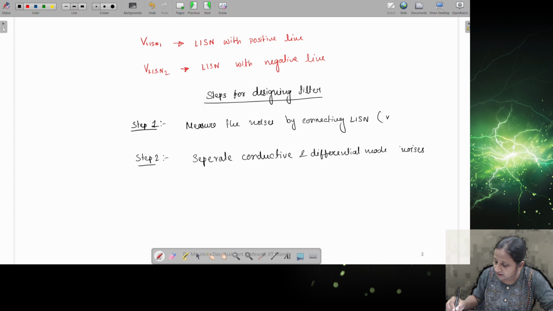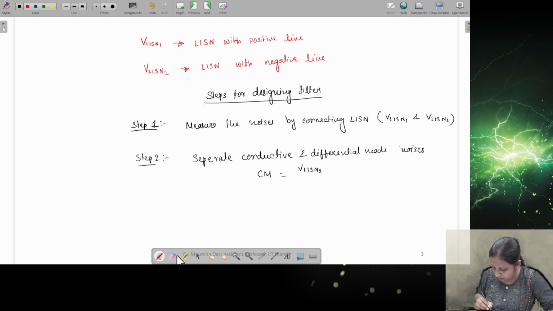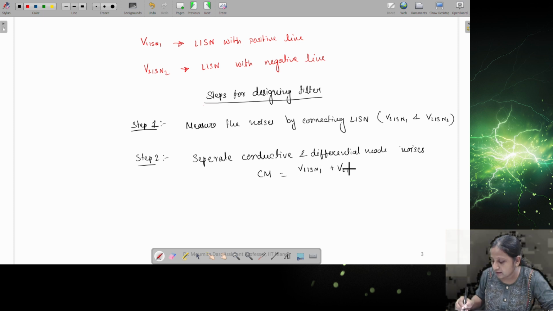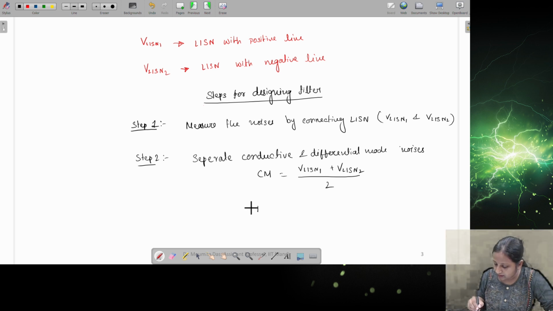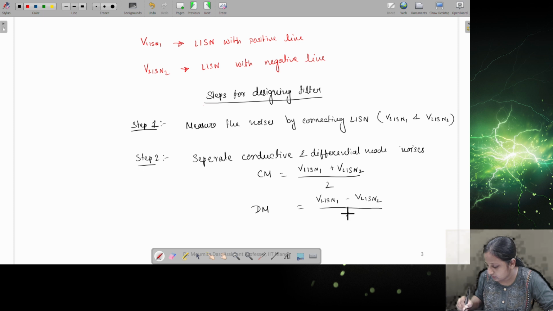So here we are measuring VLISN1 and VLISN2. Common mode is VLISN1 plus VLISN2 divided by 2, and differential mode is VLISN1 minus VLISN2 divided by 2.